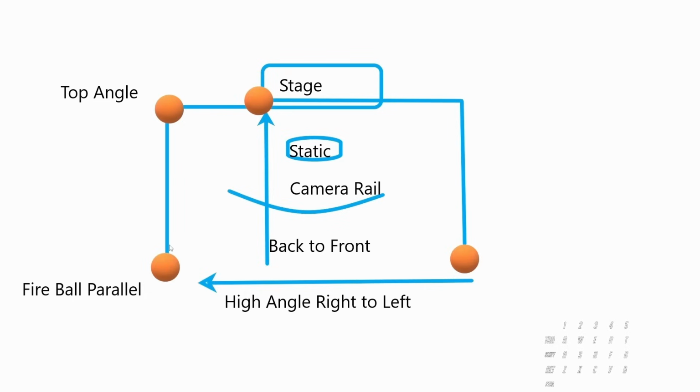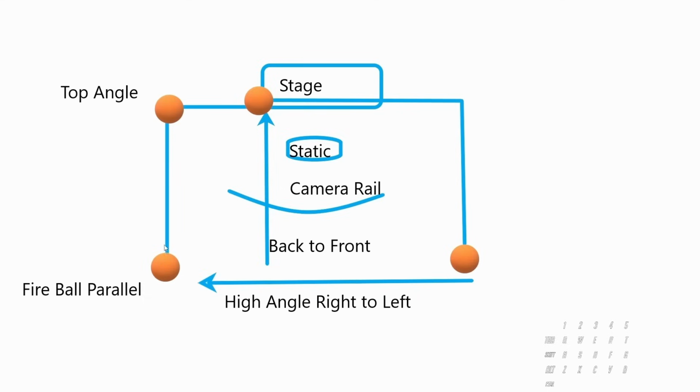So this is the fifth shot, and the sixth shot is fireball parallel. Once this fireball comes here, we will place the camera here and then the camera moves like this, the fireball moves like this, so both will intersect. That's 3-4 seconds we need.